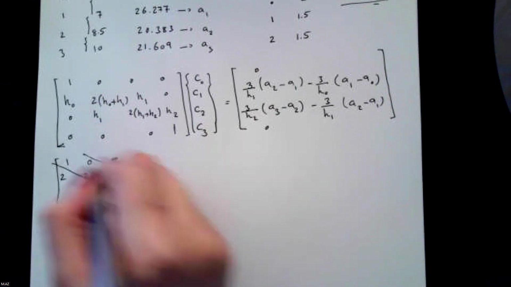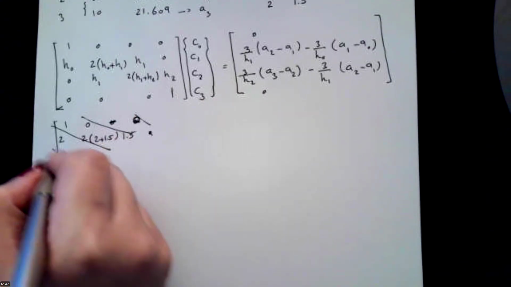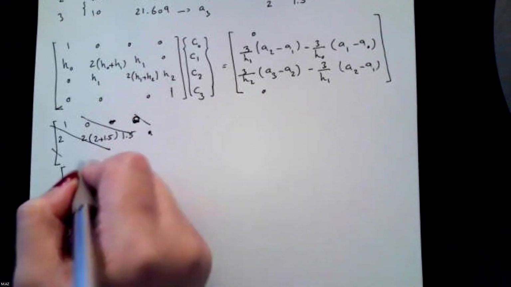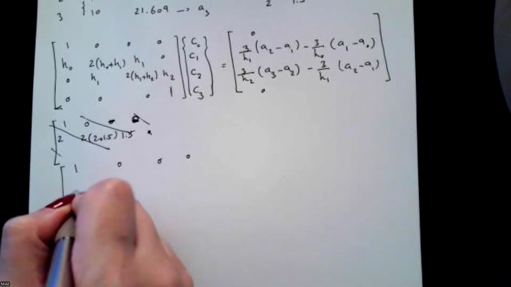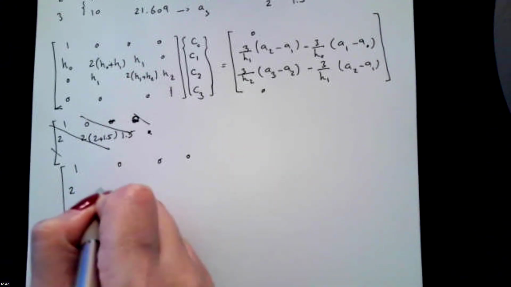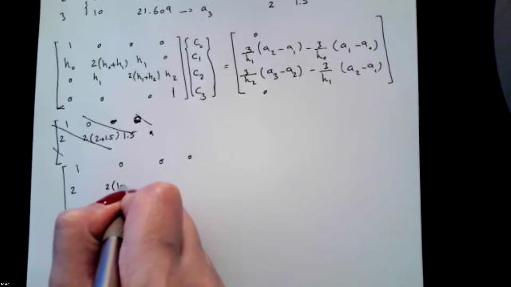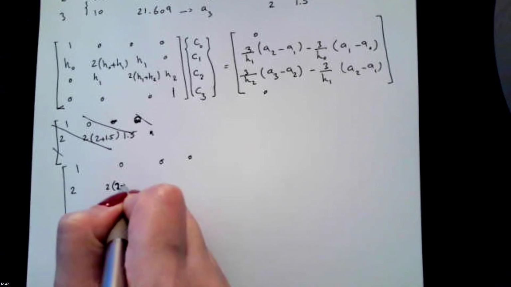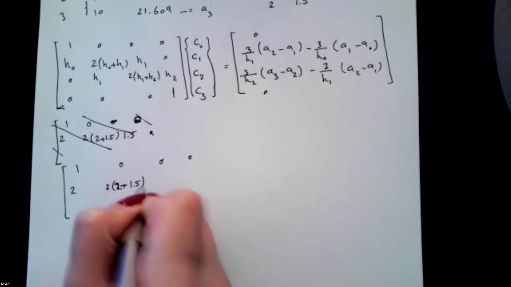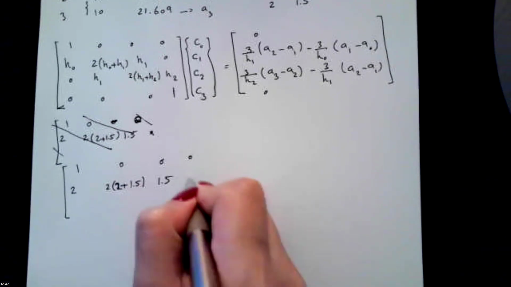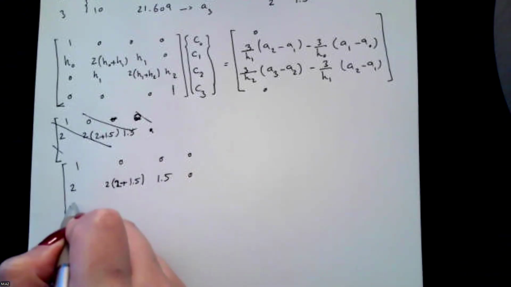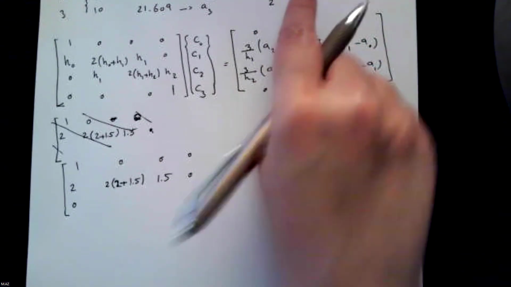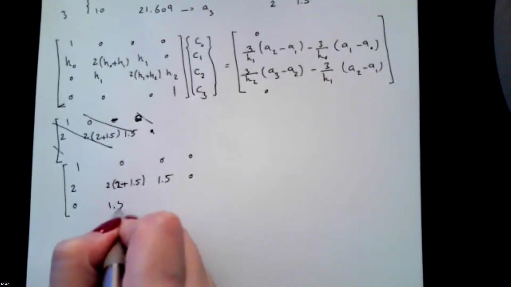Let me rewrite. We have 1 0 0 0. For the third row, we have 0, h1, meaning 1.5.